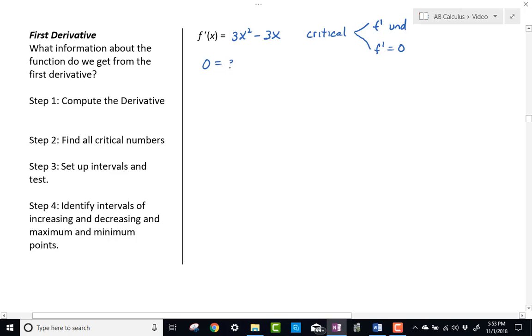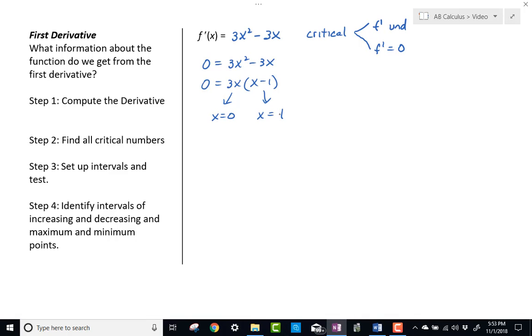So we get 0 equals 3x squared minus 3x. If I factor out 3x, I get 3x times x minus 1. So that tells me I have a critical value at x equals 0, and I have a critical value at x equals 1.